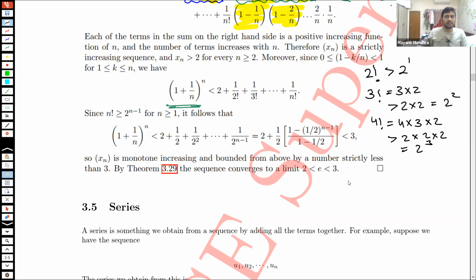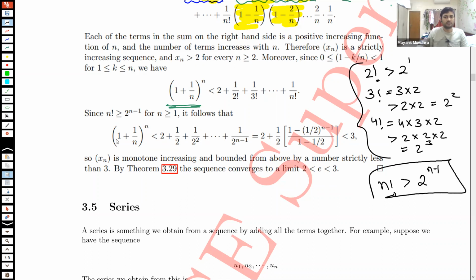And so on. So the entire moral of this story is that n factorial is greater than or equal to 2 to power n minus 1. So this is what's written.